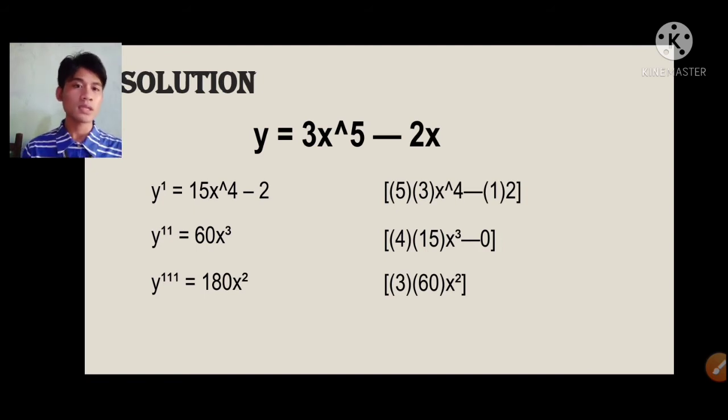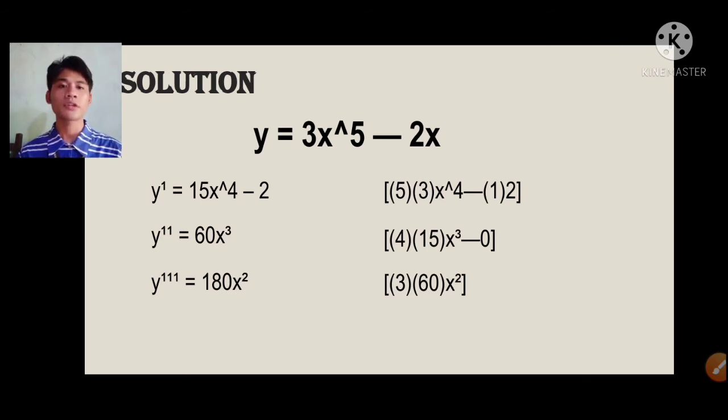So 3 multiplied by 60, we came up with 180. And also, as a rule, we must subtract 1 from the power, so we came up with x squared in the third derivative.